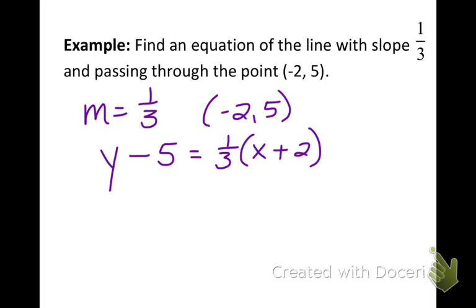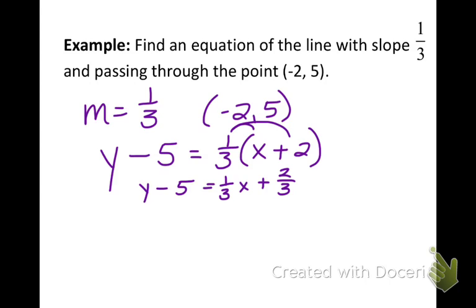What if I want to take that from point slope form to slope intercept form? What are we going to do? You gotta distribute. So let's go ahead and distribute. So 1/3 times x is 1/3 x. 1/3 times 2 is 2/3. Equal that to y minus 5.